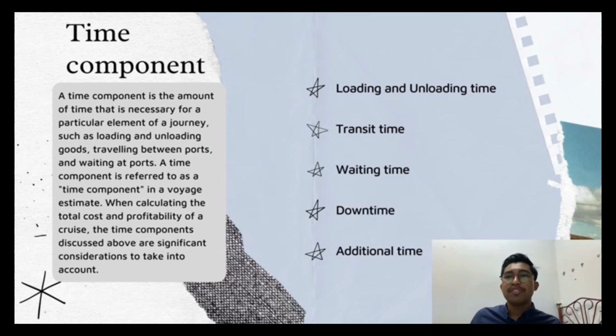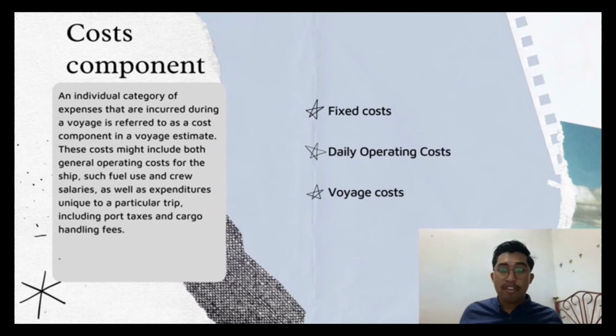This cost might include both general operating costs for the ship, such as fuel use and crew salaries, as well as expenditures unique to a particular trip, including port taxes and cargo handling fees.